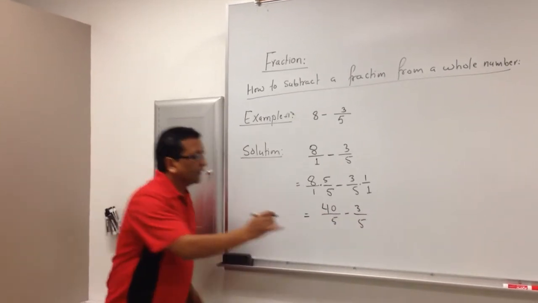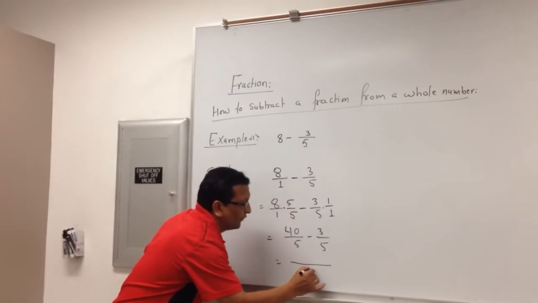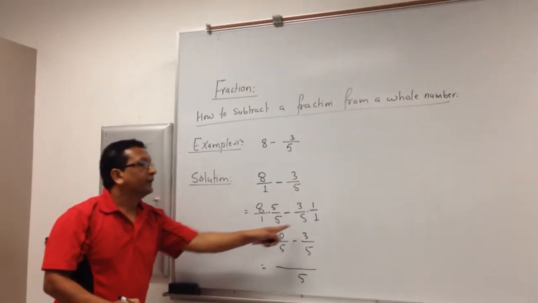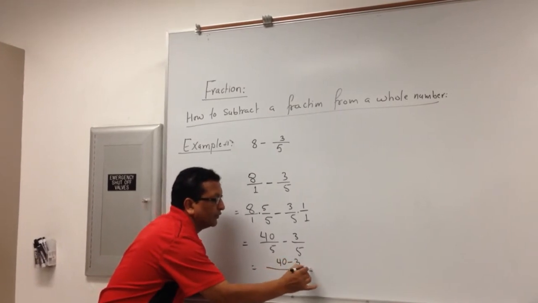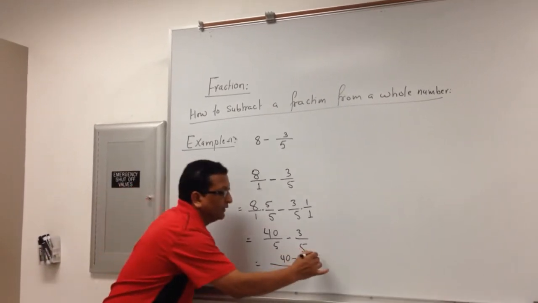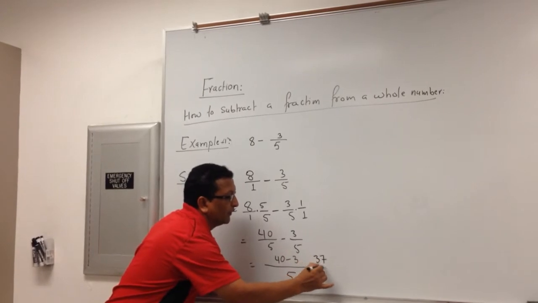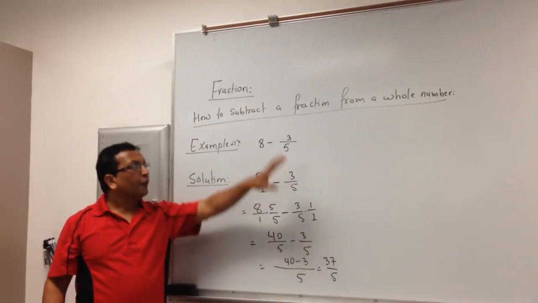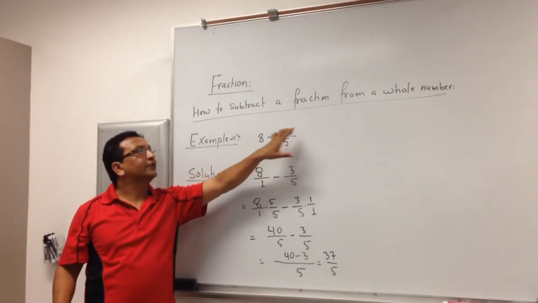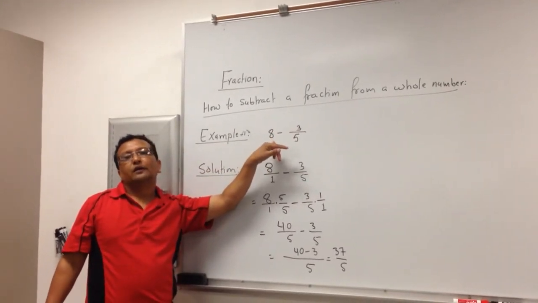Now take the common denominator 5 and subtract the numerators, 40 minus 3. So 40 minus 3 is 37 over 5. In this way, we can subtract a fraction from a whole number.